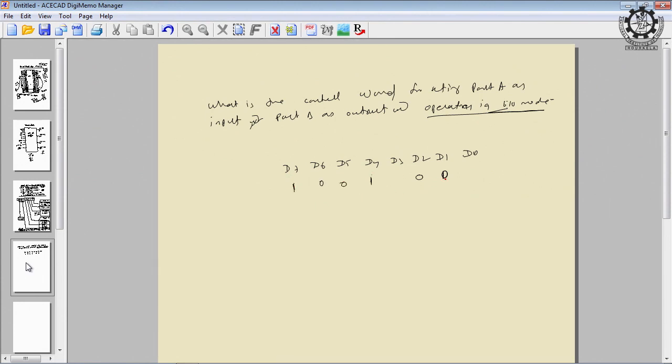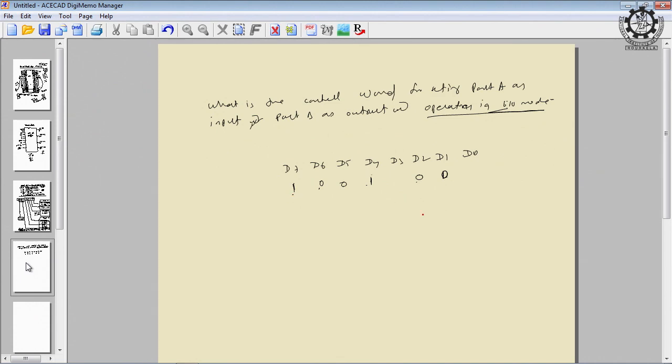Is it okay? So, what is the control word for setting port A as input, port B as output, operating in I/O mode? It is clear that D1 will have 0, and D2 will have 0, D4 must be 1, D5 and D6 must be 0 0, and D7 must be 1.